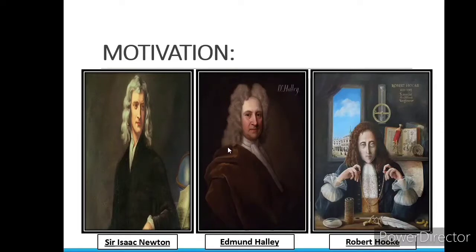When the question arose of how planets revolved around the sun or how objects moved and how they stopped, Edmund Halley along with another person made a bet or a challenge with Robert Hooke, who claimed that he had solved all those problems. Edmund Halley asked for proofs, but Robert Hooke never produced them.